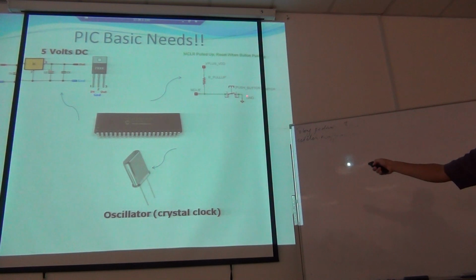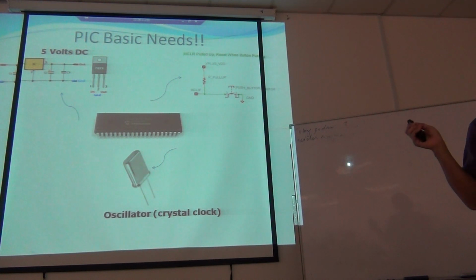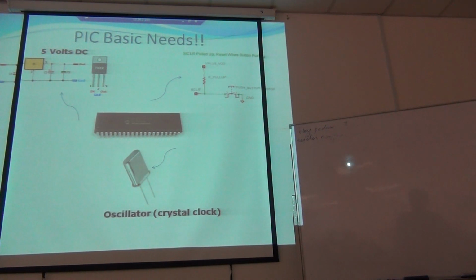Right? And this is another very important thing, which is related to the master clear pin. This is important because I told you last time, if your system gets browned out or has a problem, you can reset. Same like your PC or your phone. Every time it hangs, you reset it, right? Remember that?